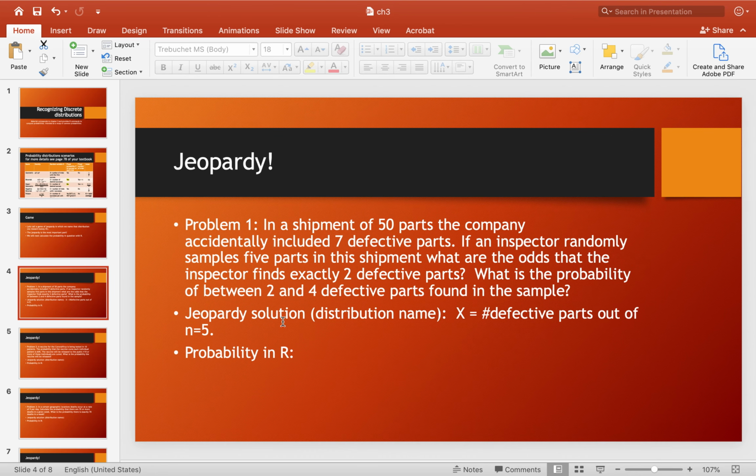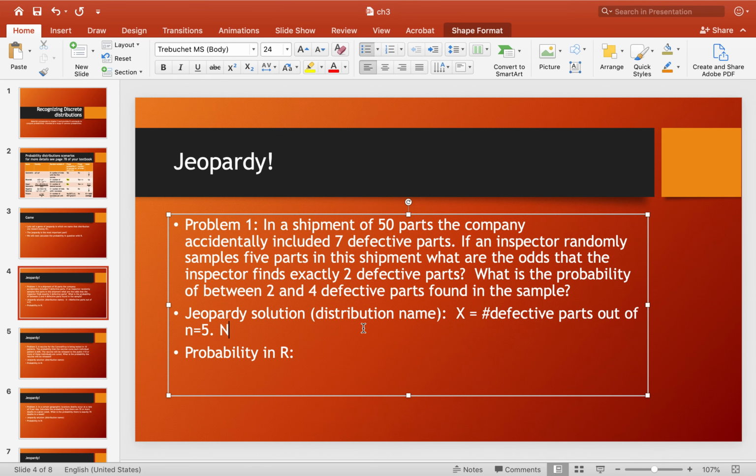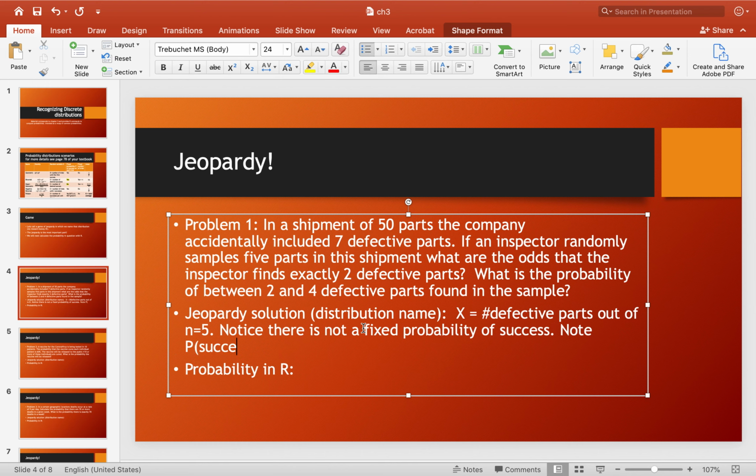Okay, so let's go back to this. Notice there is not a fixed probability of success. In fact, each trial is dependent. Let's say I call success defective on the first sample. Well, what is that probability? There's 7 defective out of 50.